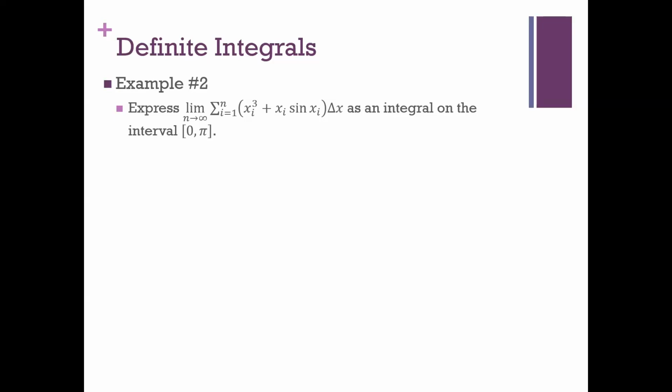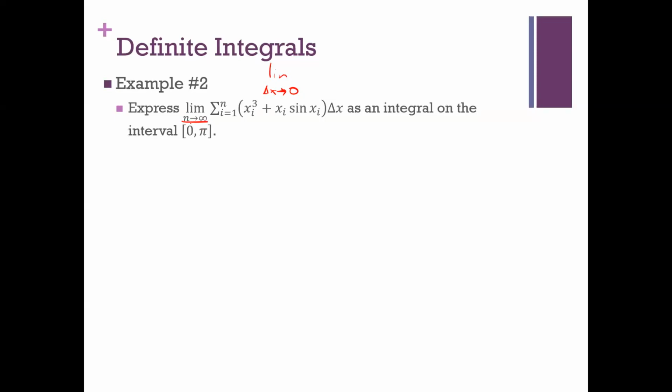The way that we wrote the Riemann sum was using this limiting operator, the limit as delta x goes to 0. In this one, I'm writing it as the limit as n goes to infinity. Are we okay with those two things being equivalent?